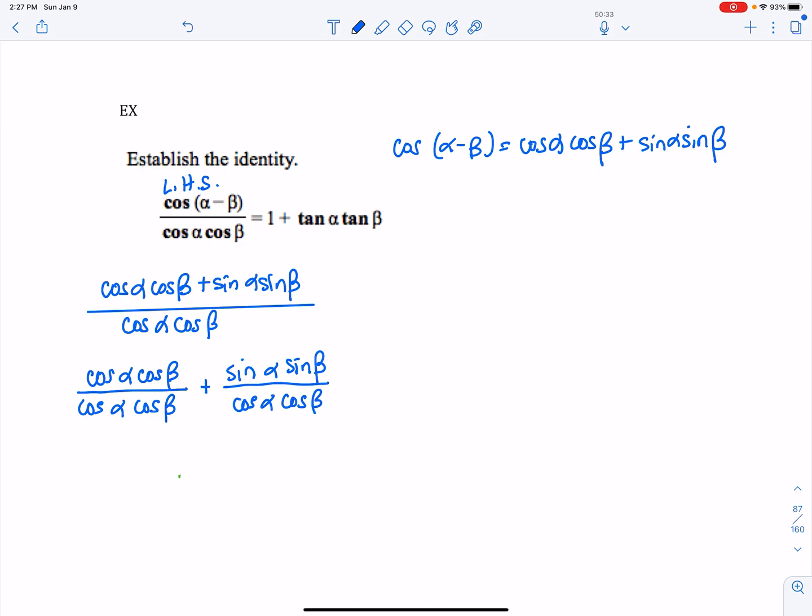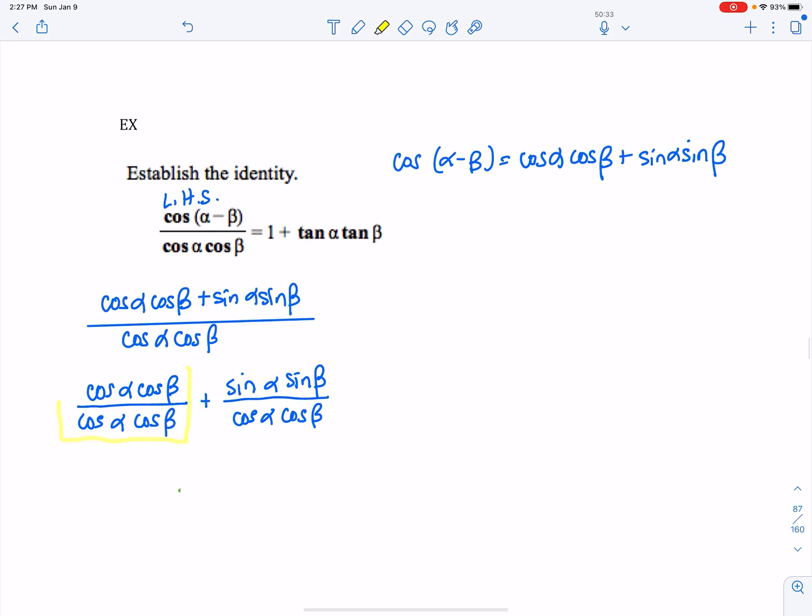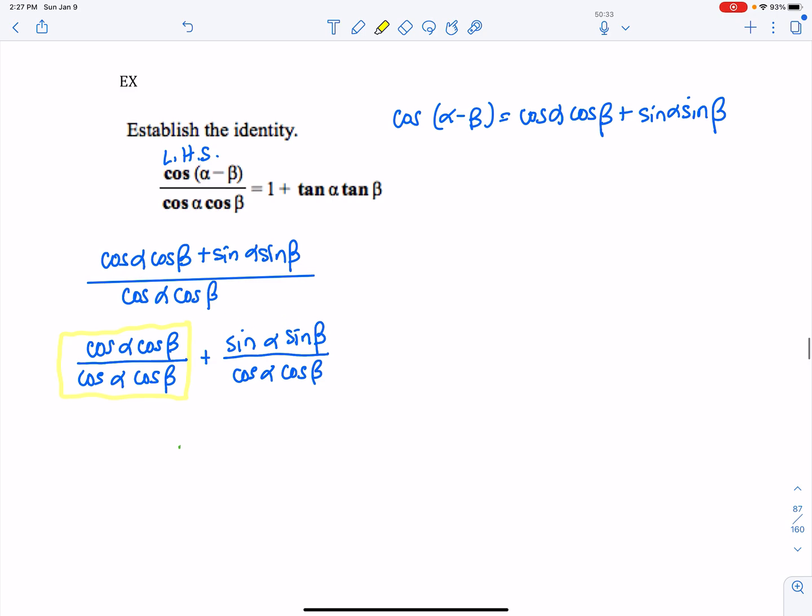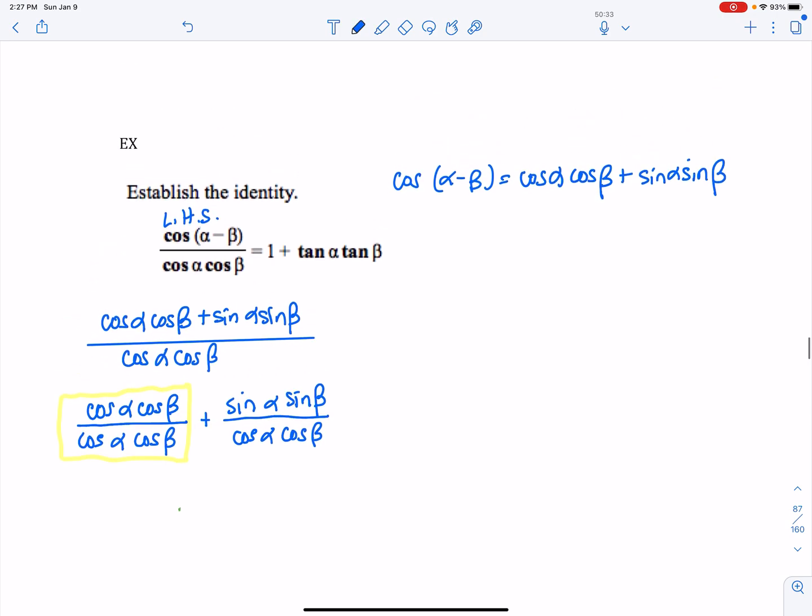Now if I look at this first term, I see that I have the same thing in the numerator and the denominator, so that's going to break down to be 1. In the other term, I have sine alpha over cosine alpha and sine beta over cosine beta.